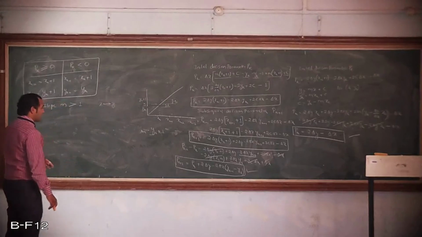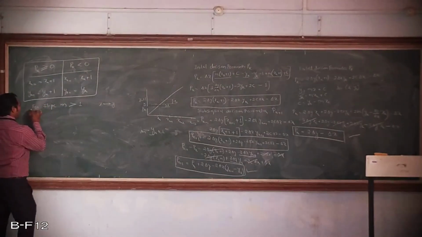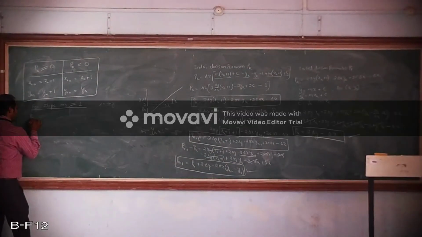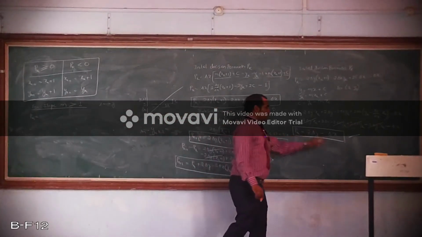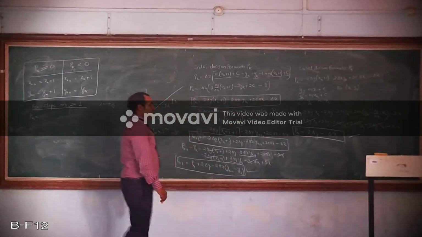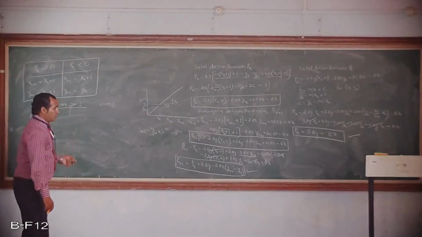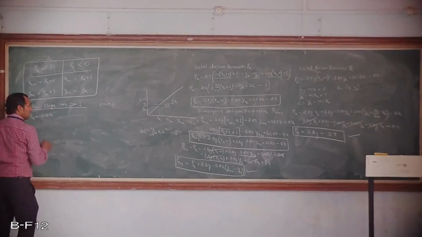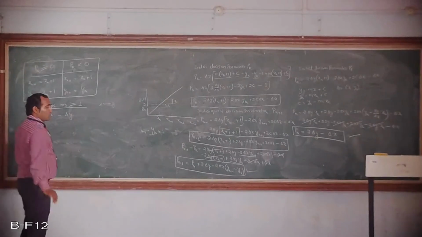Okay, so I will rewrite them once again. Here it was 2 delta y minus delta x. I will interchange the x and y. Therefore, it is 2 delta x minus delta y.